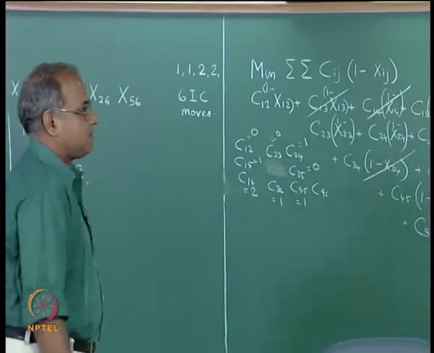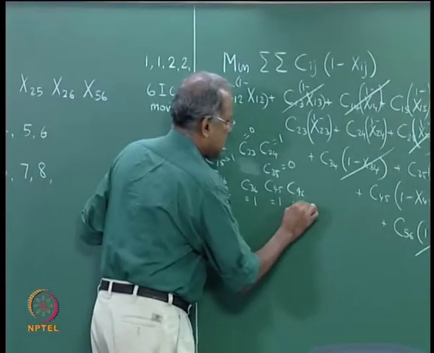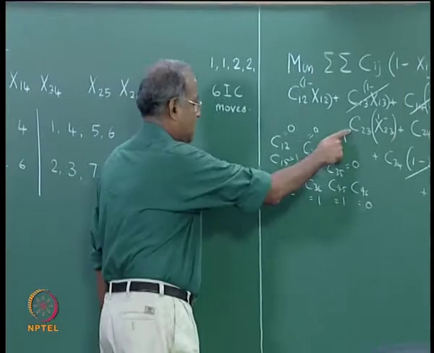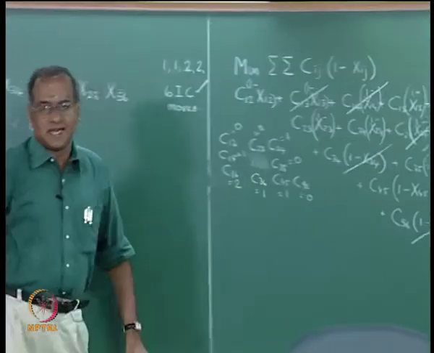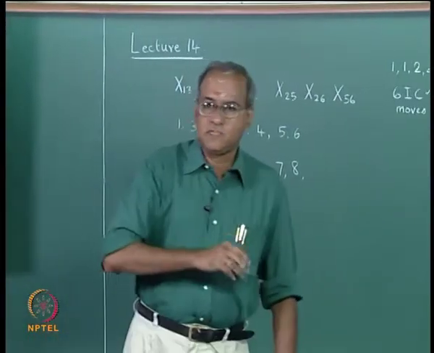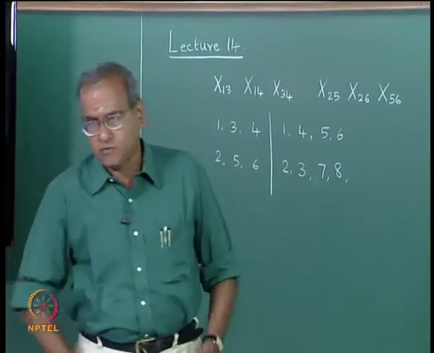For 4 and 6, part 1 is common but does not contribute, and there is nothing else, so it is 0. The sum of these contributions is 6, 1 plus 1 is 2, plus 2 is 4, plus 1 is 5, plus 1 is 6, which gives us the number of intercell moves. So this formulation essentially tries to minimize the number of intercell moves.